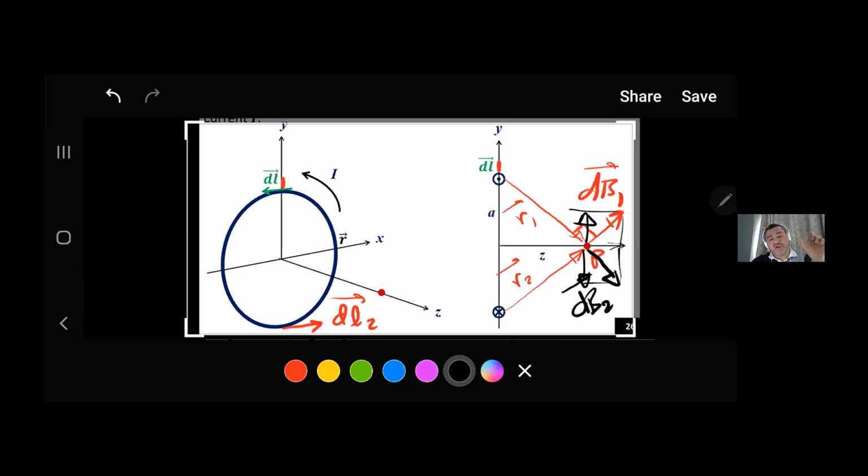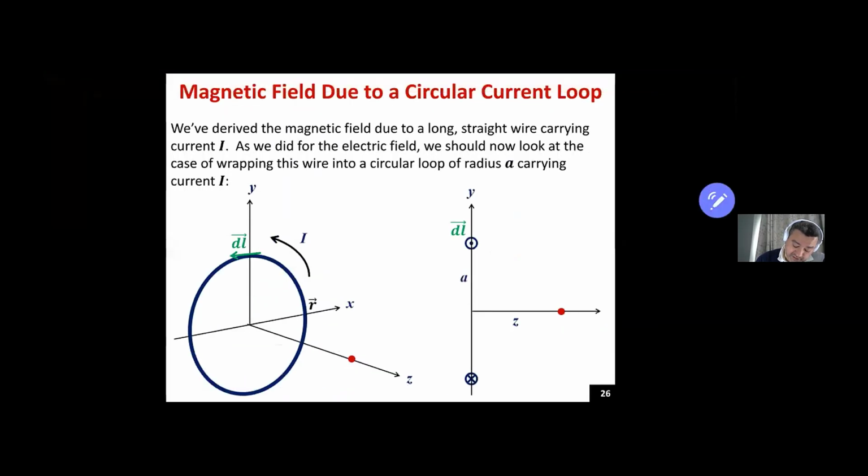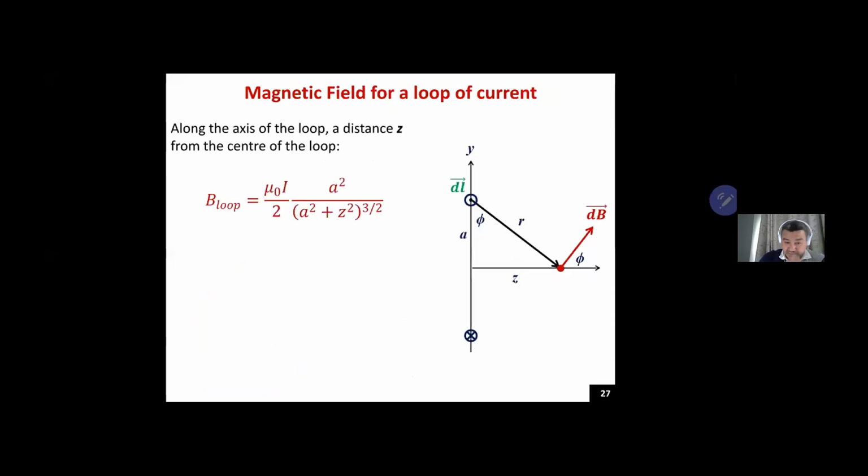Now, if you take all the pairs, you will always end up canceling the components perpendicular to the z-axis, the same as what we have seen here, and adding the magnetic field along the z. In this case, the only component of the magnetic field will be on the z-axis, and the equation would be given as this.